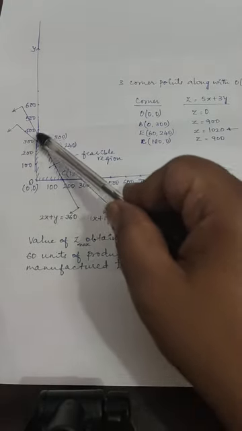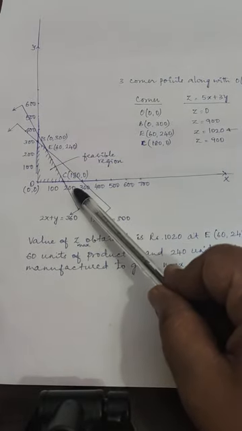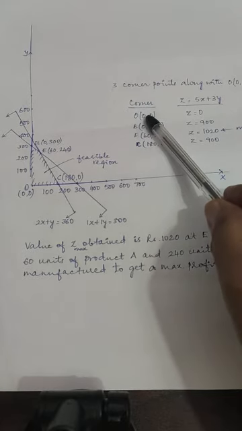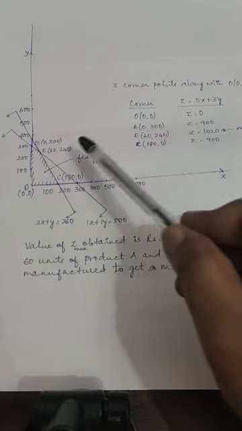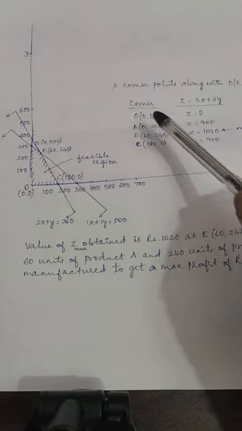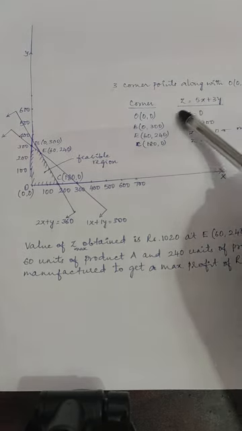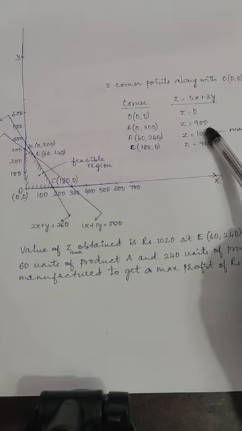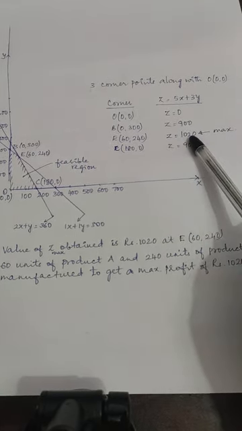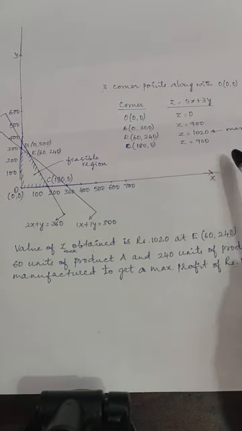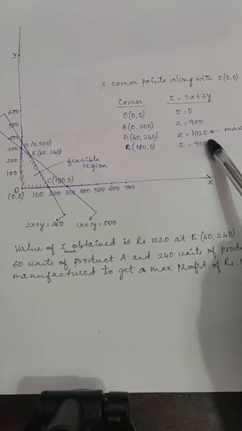So the corner points are O, B, E and C. For these corner points, the coordinates are shown here. And I am calculating the value of Z for these corner points. So I am getting 4 values for Z. Out of these 4 values of Z, 1020 is the maximum.